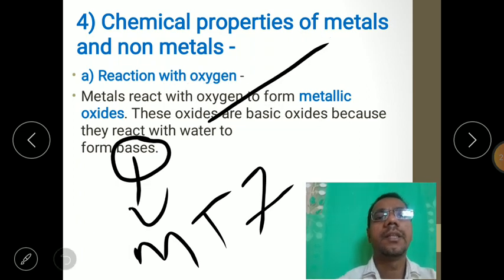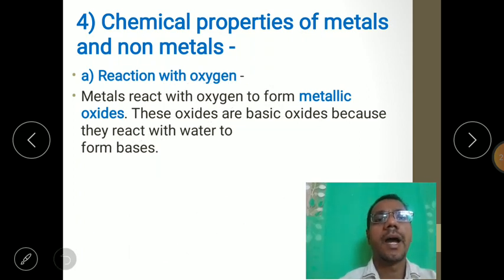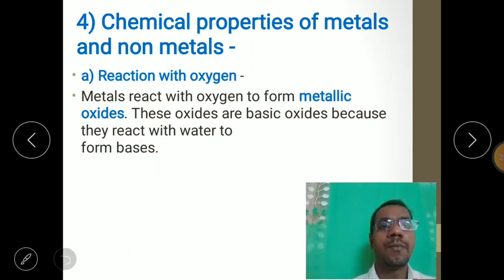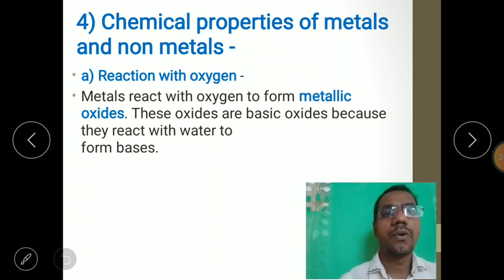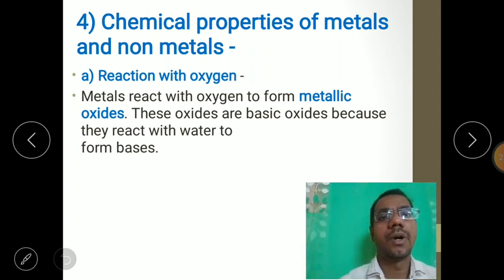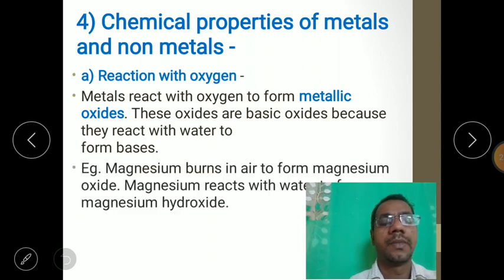In this way, when metal combines with oxygen to form oxide, and these oxides react with the water to form bases. For example, you can see magnesium.